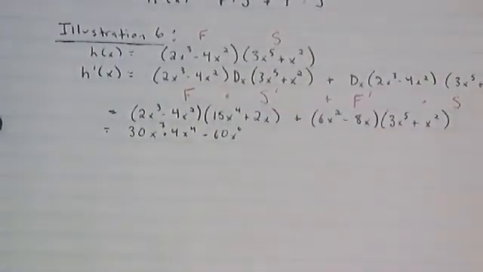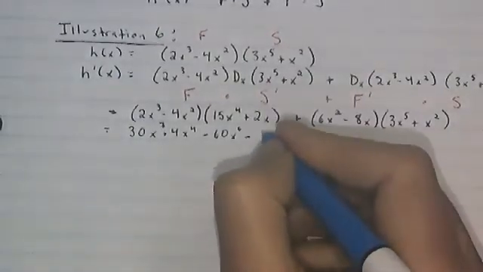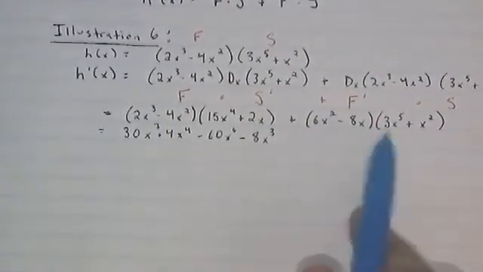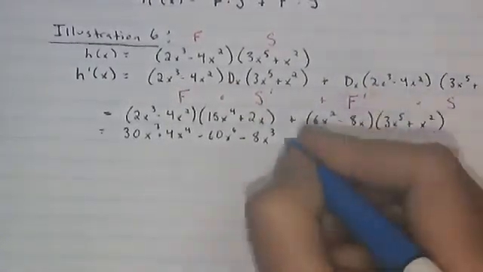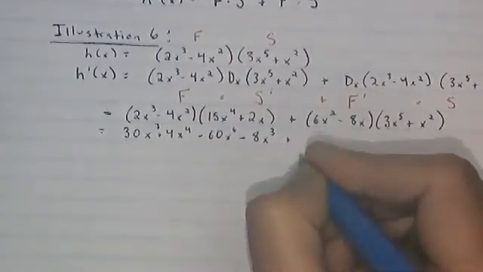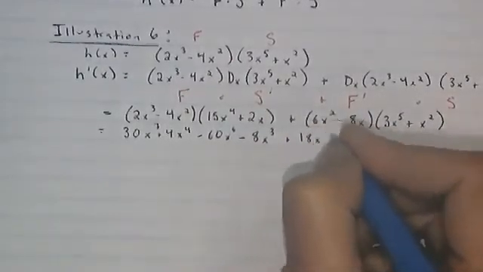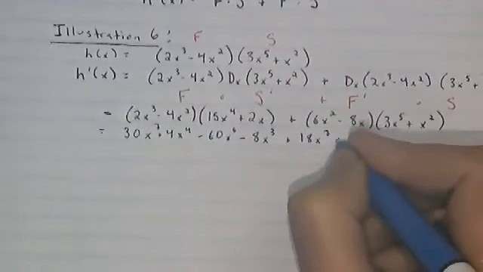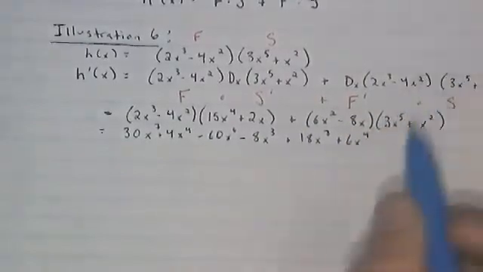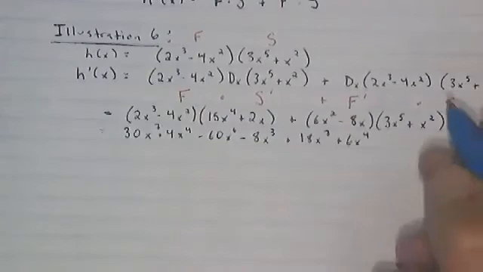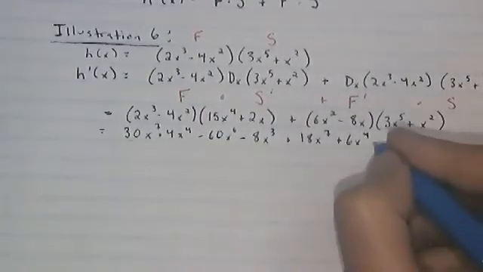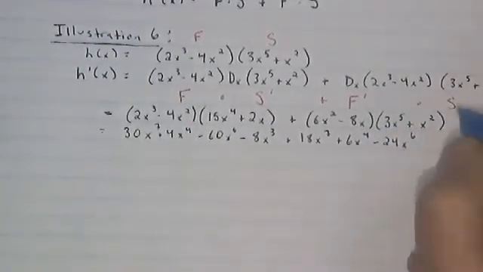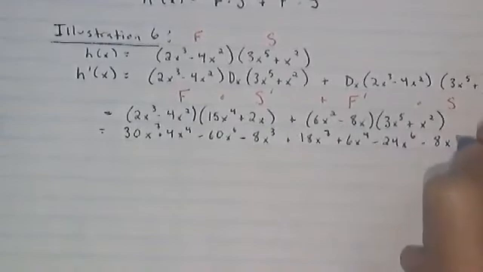And negative 4x squared times positive 2x is like a negative 8x cubed. 6x squared times 3x to the 5th is like 30, no, that's not true, 18x to the 7th. 6x squared times x squared is like 6x to the fourth. Negative 8x times 3x to the fifth is negative 24x to the sixth. And negative 8x times positive x squared is negative 8x cubed.